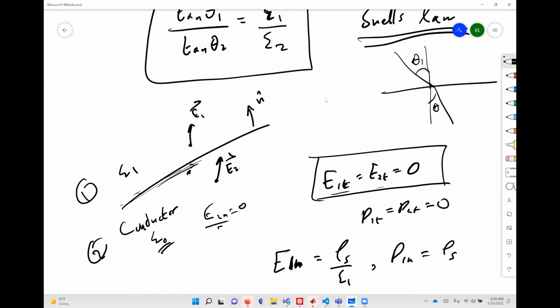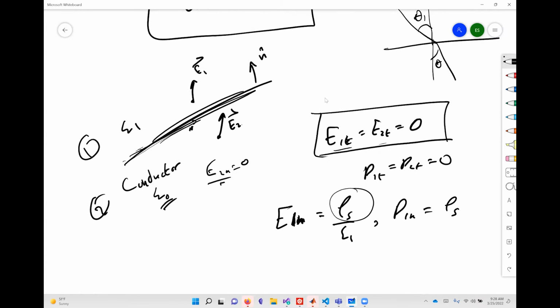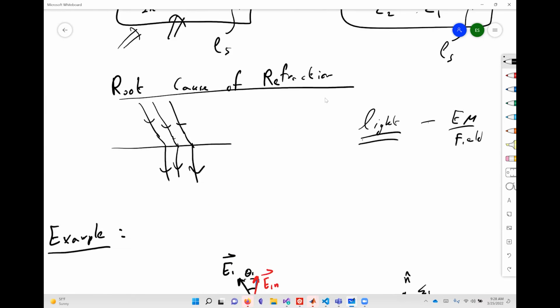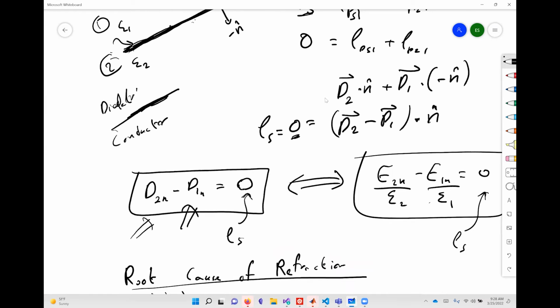This is an example where a charge density has to arise because all the charges in the conductor jump to the surface and stick there. So there is a charge density on the surface. Okay. So those are interface conditions. And we now have a theoretical explanation of Snell's law.